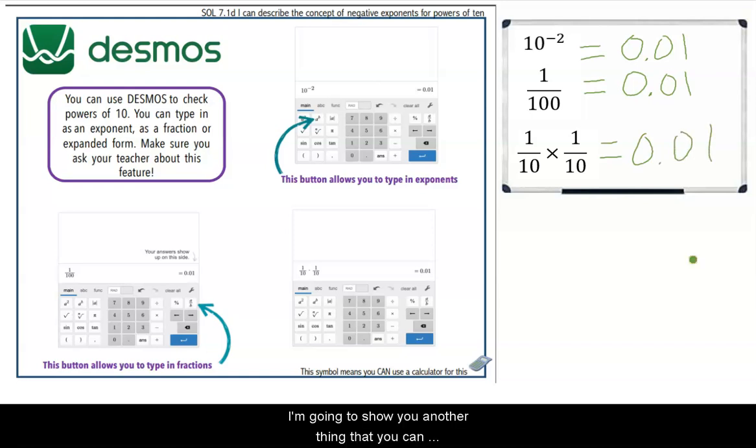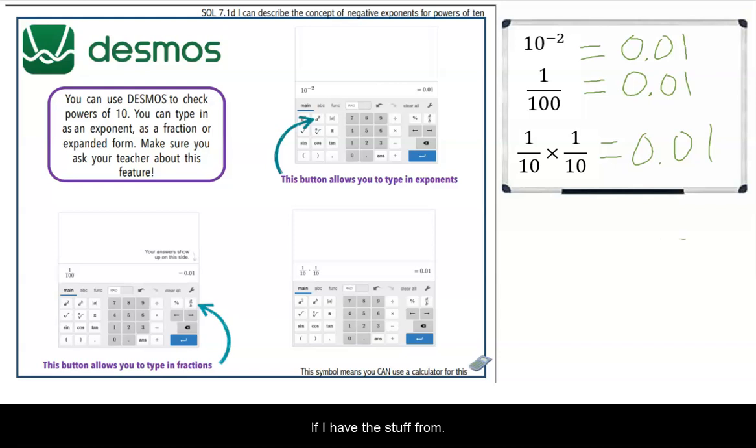I'm going to show you another thing that you can use. What if we know the decimal, but we want to use the Desmos calculator? If we have a really small decimal, Desmos calculator will calculate for us the power of 10. Let me give you an example.